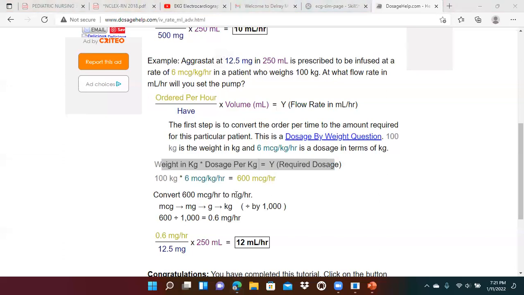We need to convert 600 microgram to milligram per hour because of the formula. Small units converted to big units, so divided by 1000, it is 0.6 milligram per hour. Then the order per hour divided by the medication in hand, 12.5, times volume 250 ml. So 12 ml per hour is required.